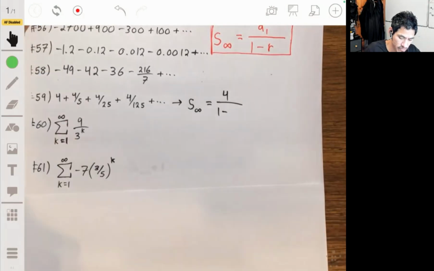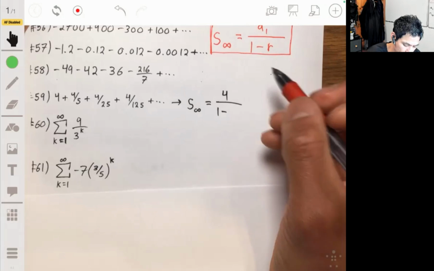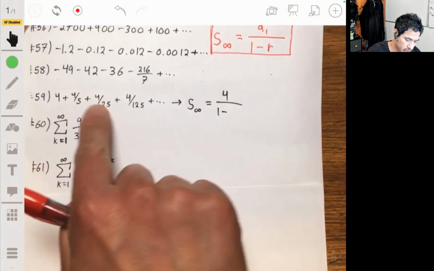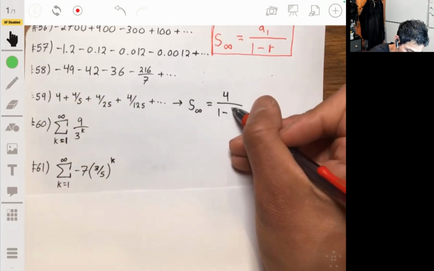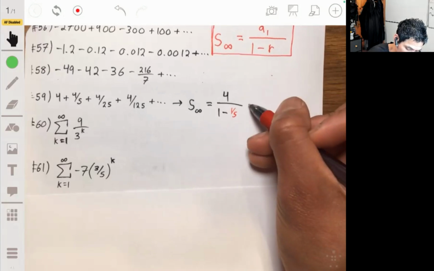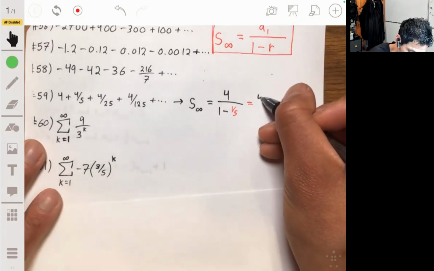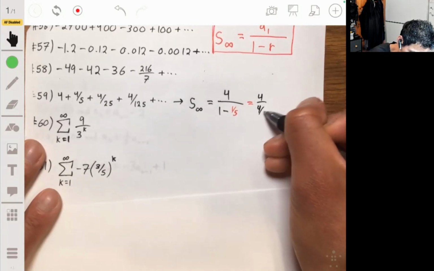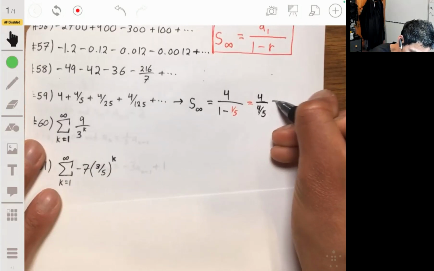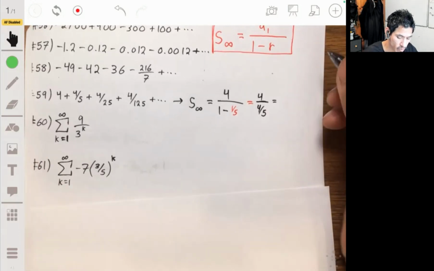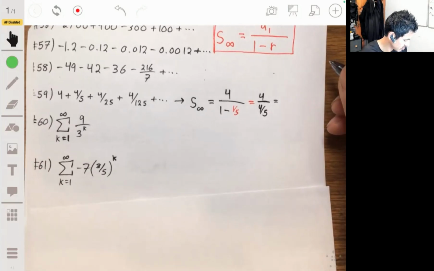R is going to be 4. No, 1/5, right? Yeah, 1/5. So 1 minus 1/5. So 4 over 4/5. So this will be 20 over 4, which will just be 5.